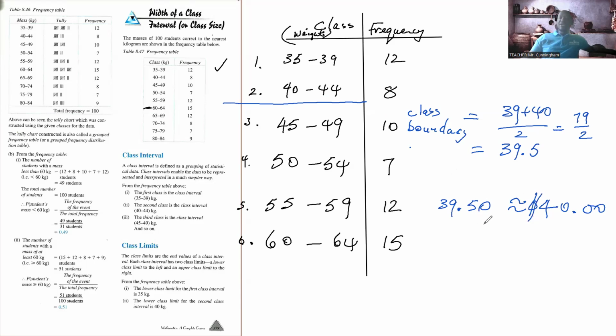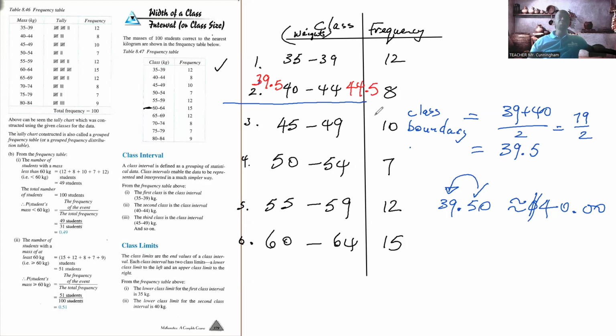Yes, sir. Right. And what I was saying last class is once it's 5 or more, you could add 1 to the whole number and get 40. So the lowest boundary is 39.5. The highest you could go is 44.5.